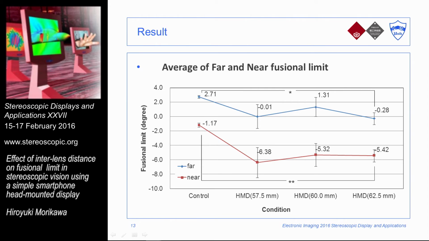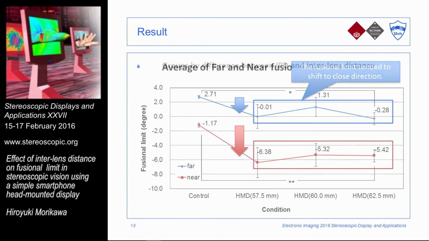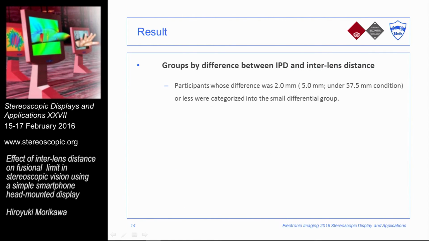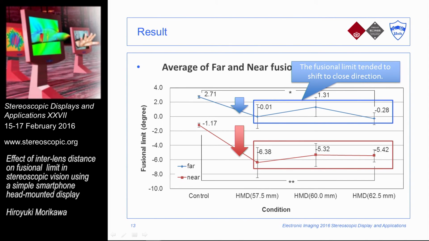The blue line indicates the far fusional limit, and the red line indicates the near one. In the HMD conditions, the fusional limit generally tended to shift to the cross direction. Furthermore, the tendency was stronger at the near fusional limit than the far.